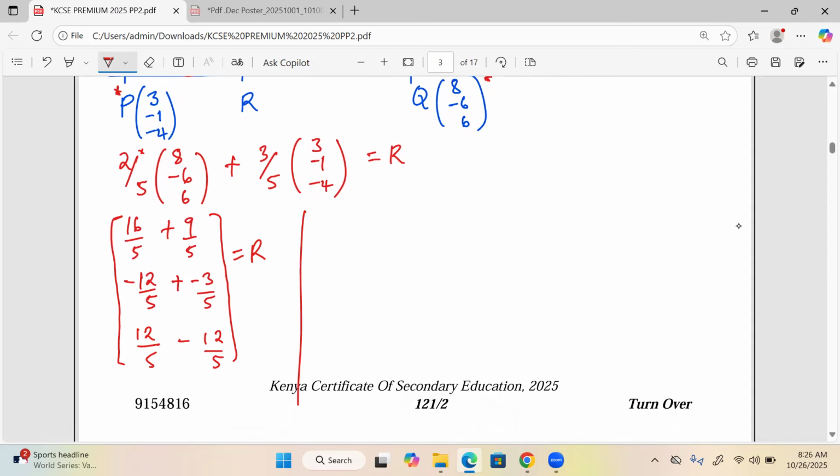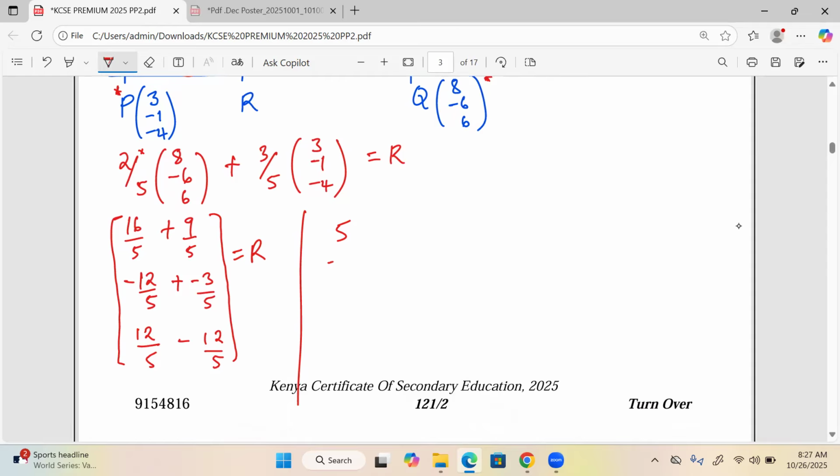So let's proceed. 16/5 plus 9 over 5 gives us exactly 5. Next, negative 12 over 5 plus negative 3 over 5 also.